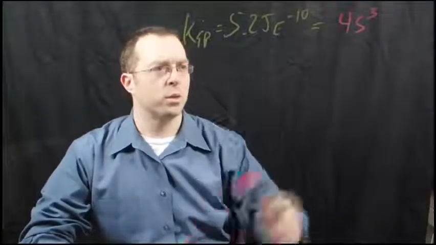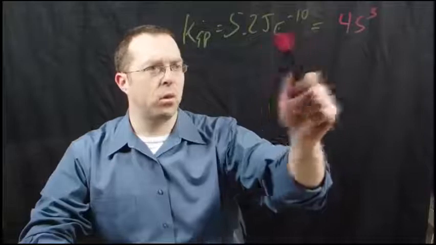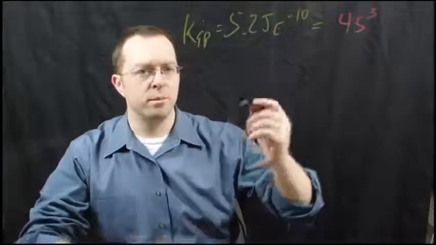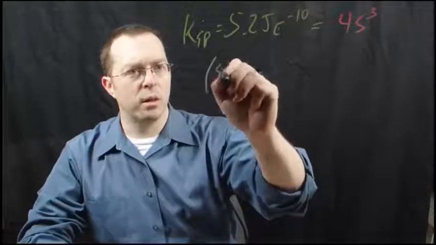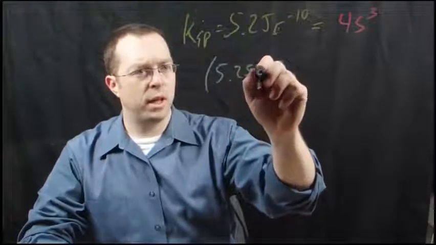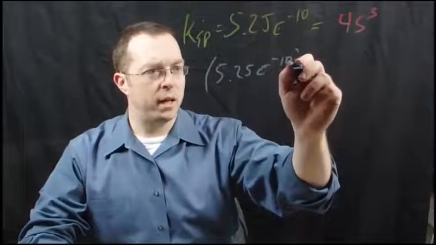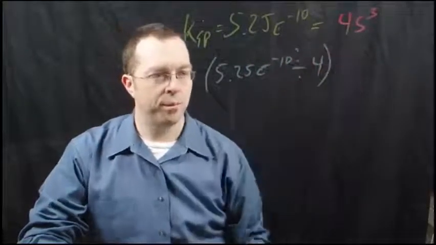Now you should know from algebra that we're going to have to divide both sides by 4 and then take the cube root. The way you should plug this into your calculator, you do it all in one go. Parenthesis, 5.25, use the E button, e to the negative 10, divided by 4.